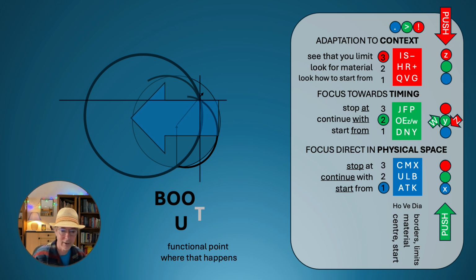The last letter is the T, so the boot ends in T. And T looks for, because all the letters go into one another, so you have to not just add them on top of each other, but they are connected, so you find the connection points.